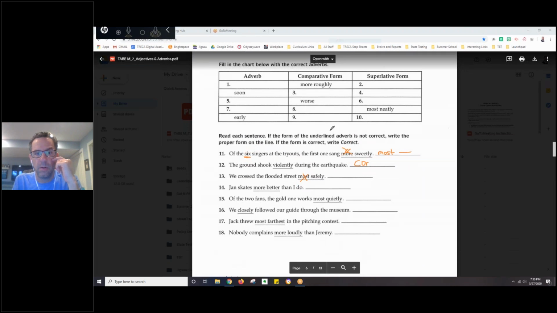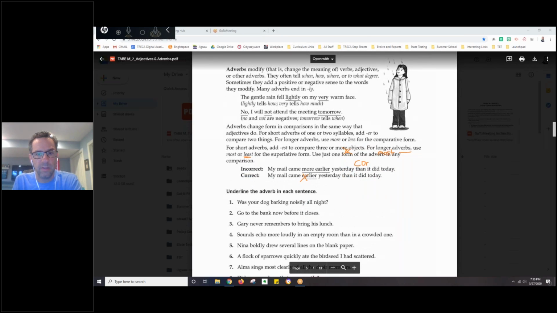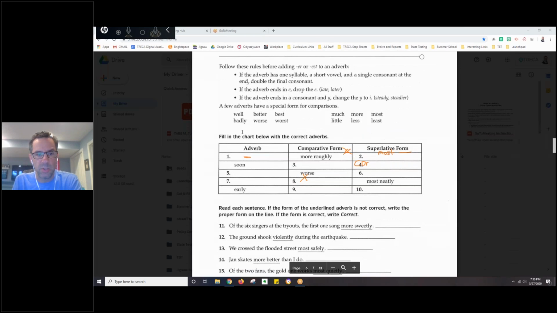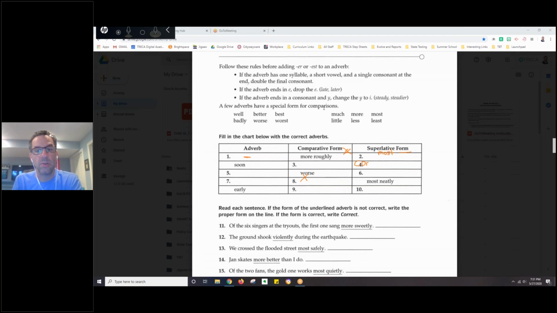So better is pretty short. And you know what? I don't know with number 14 if there's a special rule for better. Yeah, here it is. I'm sorry. So comparisons. A few adverbs have a special form for comparisons. So you're just comparing two things.